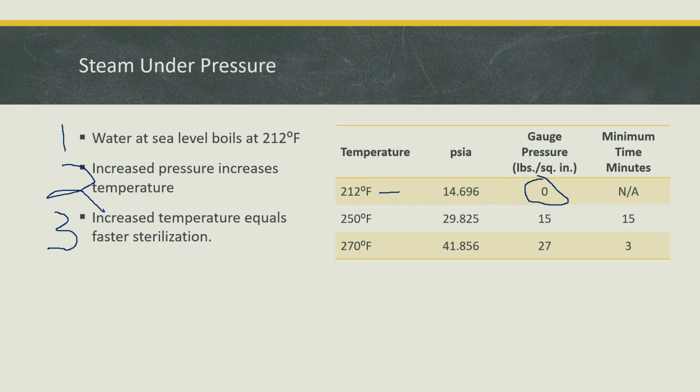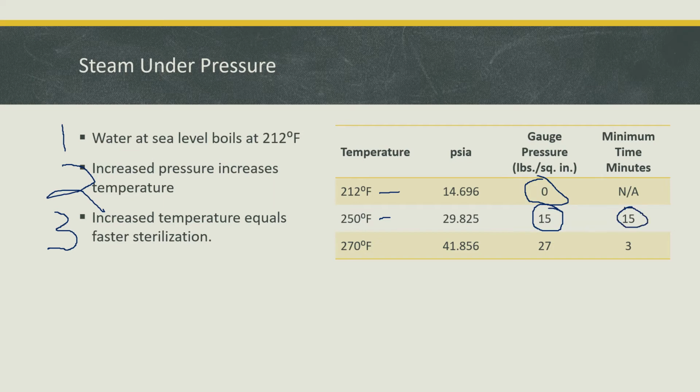In order to get 250 degrees, then we've got to get our gauge pressure up to 15 pounds per square inch to be able to produce 250 degrees. If we do that, increased pressure means increased temperature, means we can sterilize in 15 minutes.